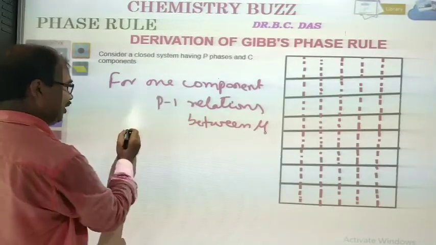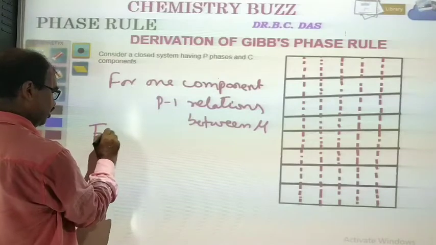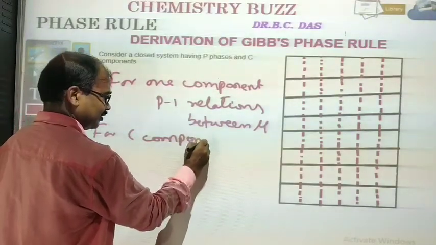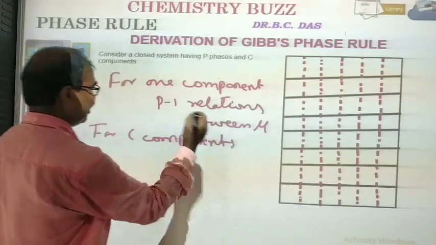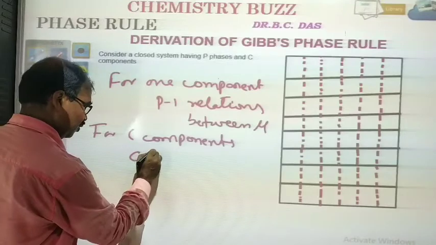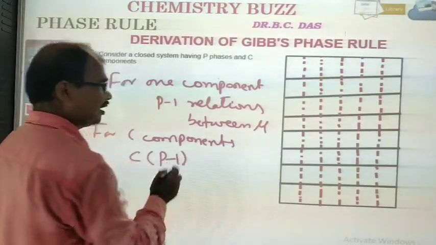There are C components, so the total number of relations for C components is C times (P minus 1). So this is one restriction.